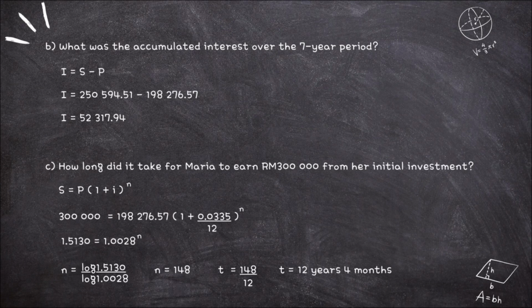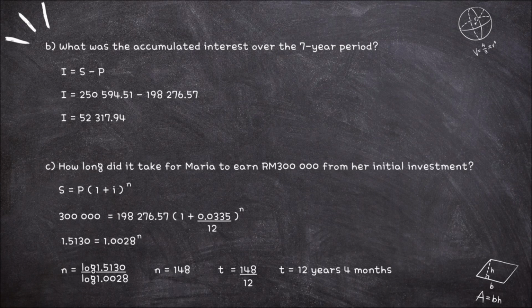1.5130 equals 1.0028 to the power of N. So, we need to move N to the left side and 1.5130 to the right side, and we need to put log for 1.5130 and also for 1.0028 to the power of N, and we will get N equals log 1.5130 per log 1.0028, and we calculate and we get N equals 158.